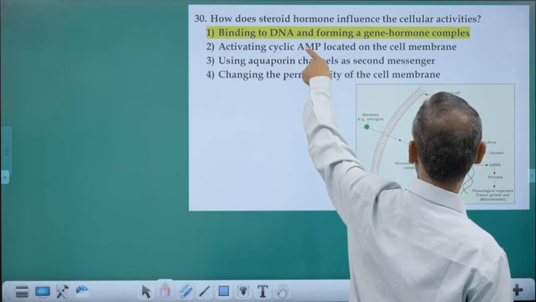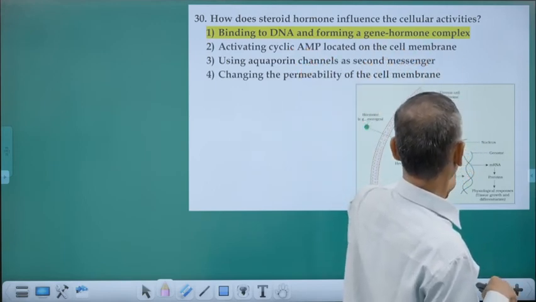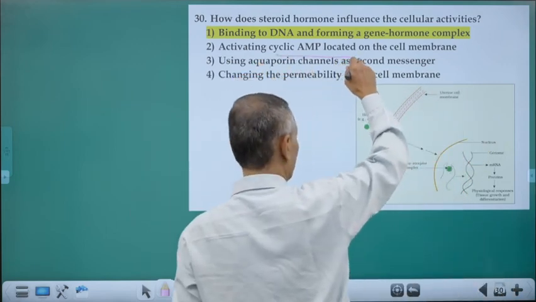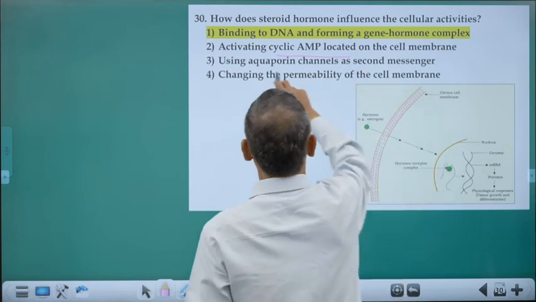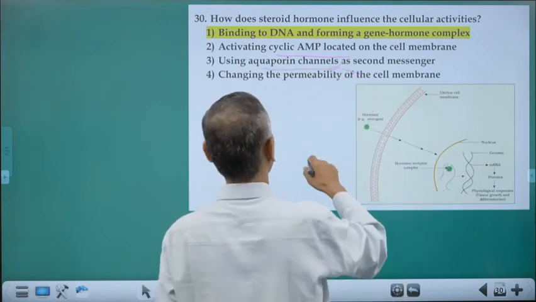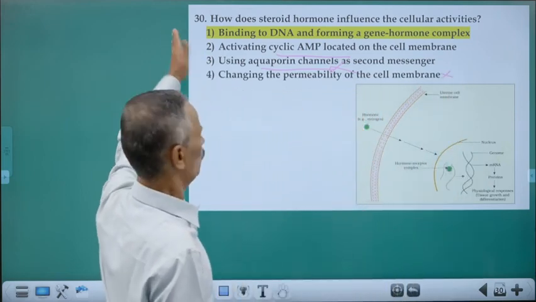By binding to DNA and forming a gene hormone complex. They are all binding with the genome. Activating a cyclic, no, that is the secondary messenger for protein hormones. Using aquaporin channels, no. Changing the permeability of the cell membrane, never. So the answer is 1.